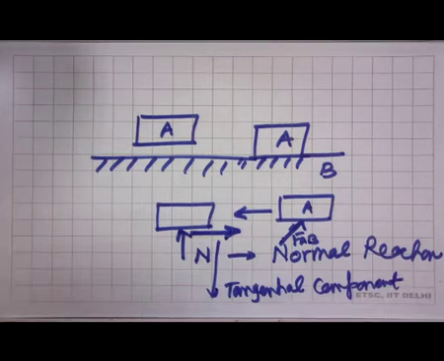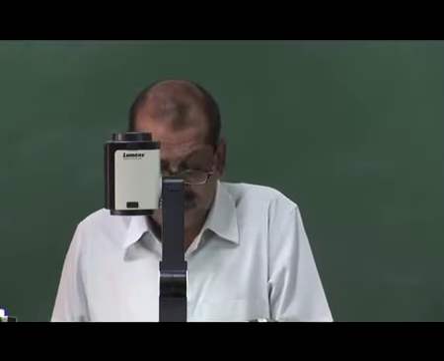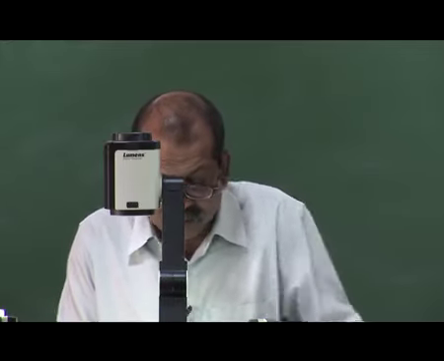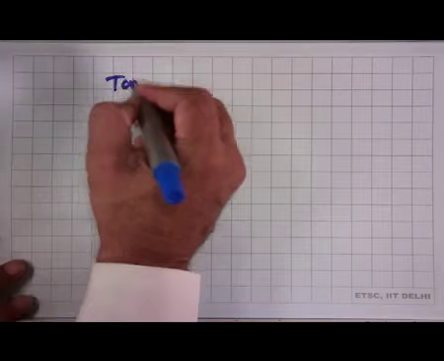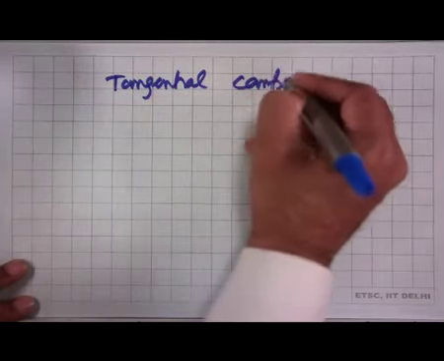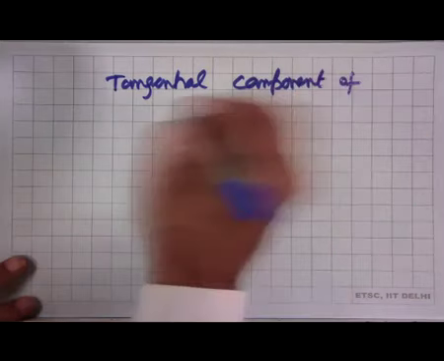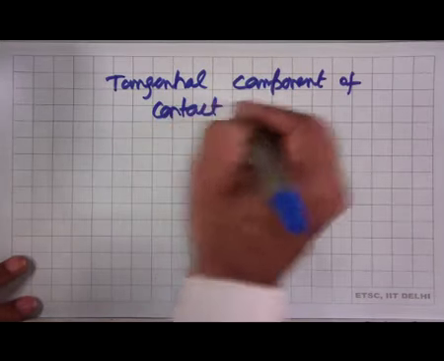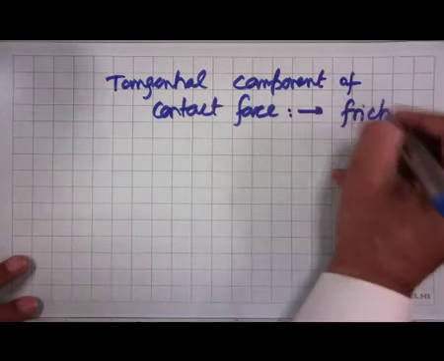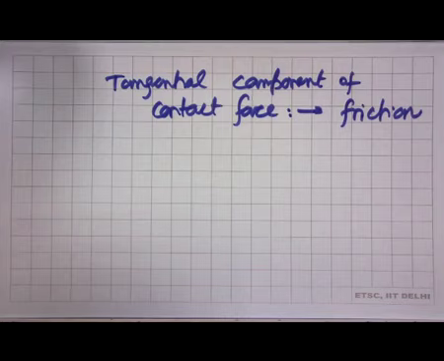And when both the touching surfaces are solids, we have a special name: we call the tangential component of contact force the frictional force between the two bodies. This is referred to as the force of friction.